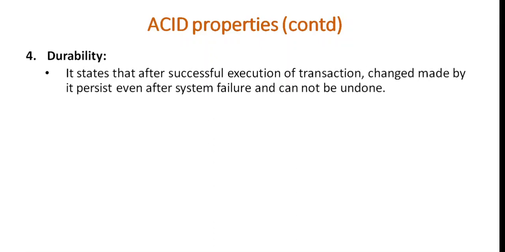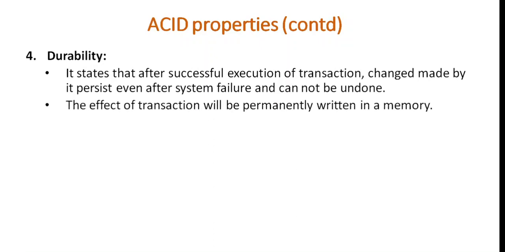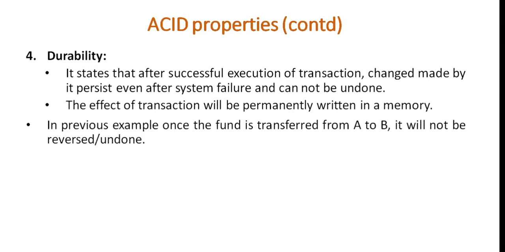Whatever changes are made by a successful transaction must be stored permanently in memory, and if a system failure occurs, we will still be able to see those changes. Even after system failure, those changes will be visible to the user, and they cannot be undone. So this is the durability property.